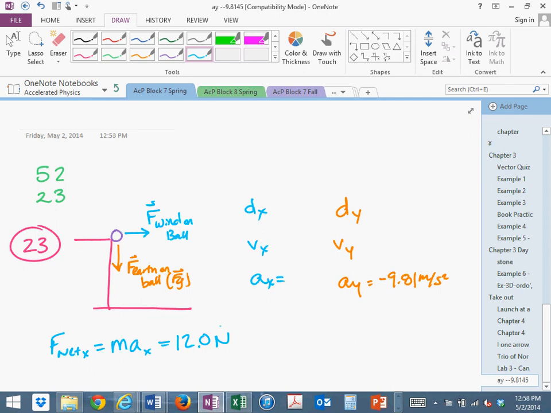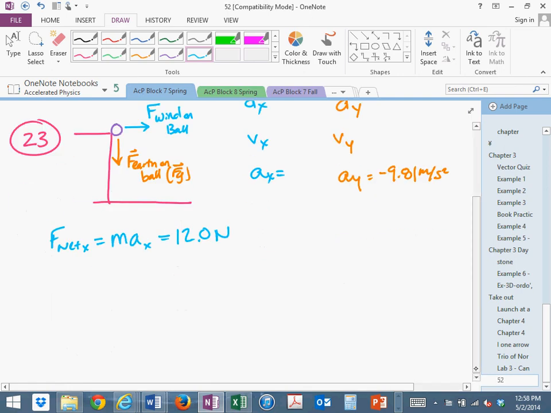So this will be 0, and this will be something like, what was the mass? 3? So 12 divided by 3 is 4. Total acceleration of 4 meters per second squared. Is that all right? Does that get you where you need to go on that one? Yes. Okay, wonderful. Excellent. Bless you.